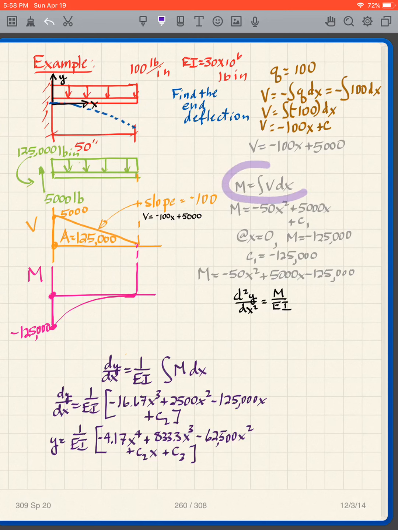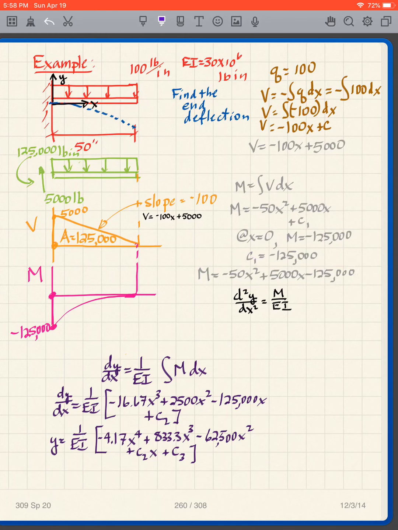I integrate V to get M. So integrating that, I get minus 50x squared plus 5,000x plus a c1. I get the c1 by noting that at x equals 0, M is negative 125,000. And I get that c1 is negative 125,000. And that gives me this equation for the moment diagram.